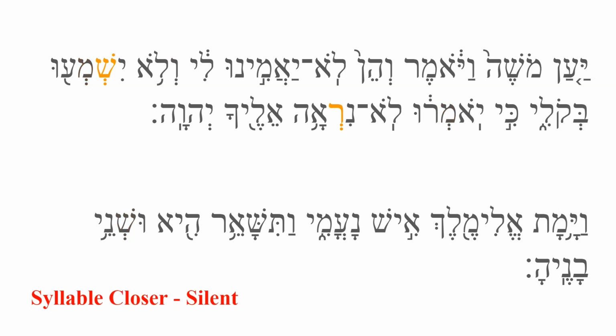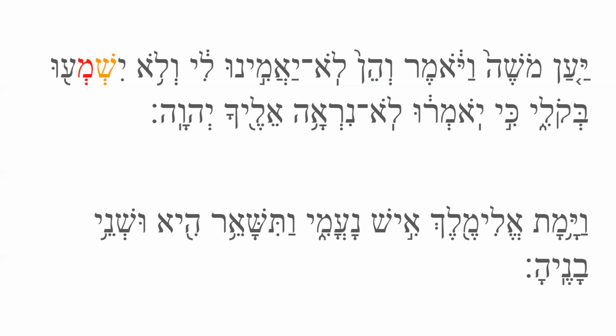This takes us to the second type of shva, the syllable closing shva. It is often called a silent shva. No sound is made when you run into it. It only marks the end of a syllable and therefore a slight pause. If a syllable has a short vowel, the shva next to it is the closing syllable. So here we have yish ma'u and near ah. You can hear how it closes the syllable.